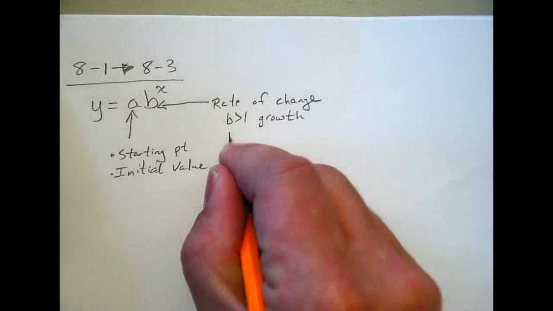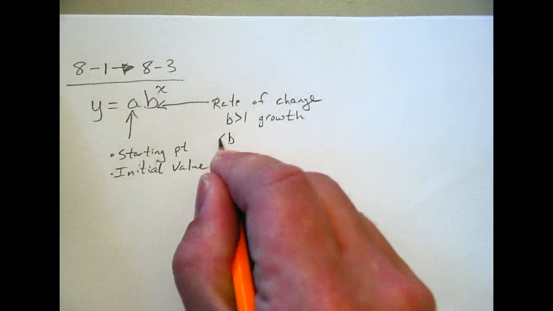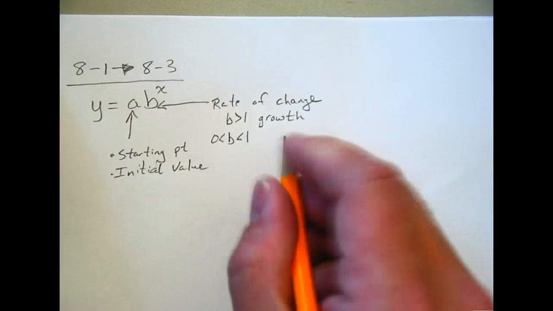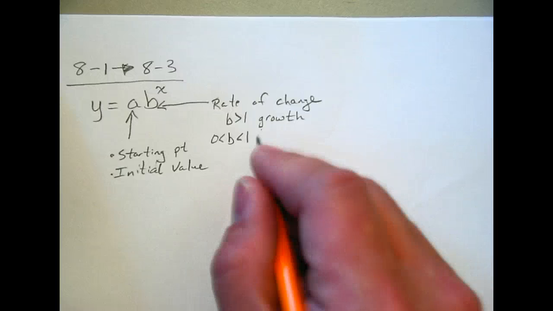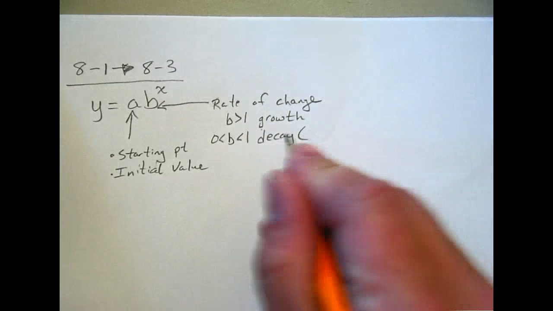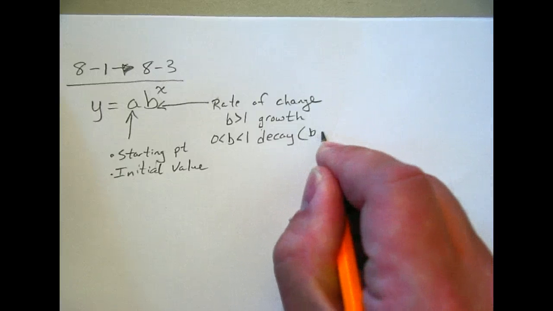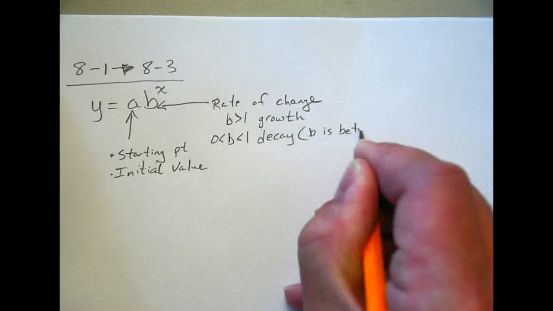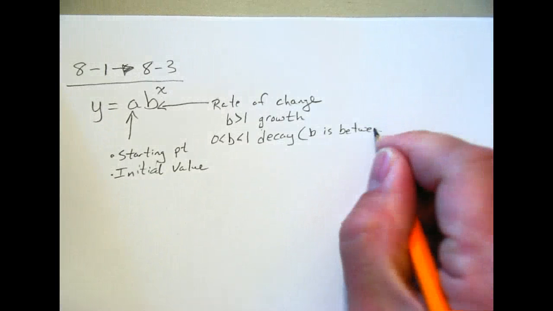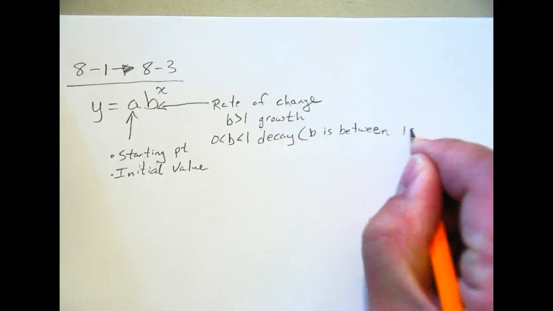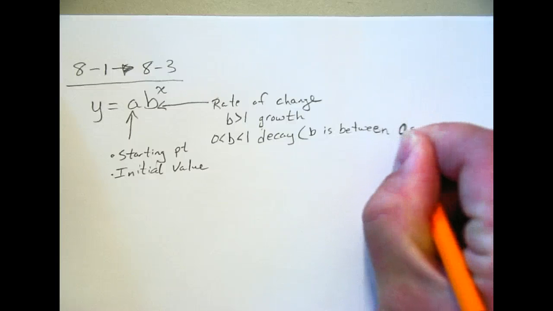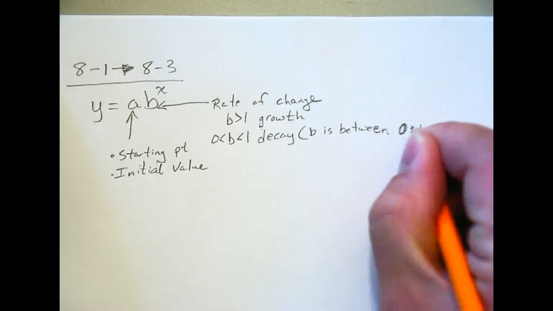If the B term was greater than 0 but less than 1, so that's the math-ese, if you want to think of it that way, that was decay. The more common way to think of that is B is between 0 and 1.